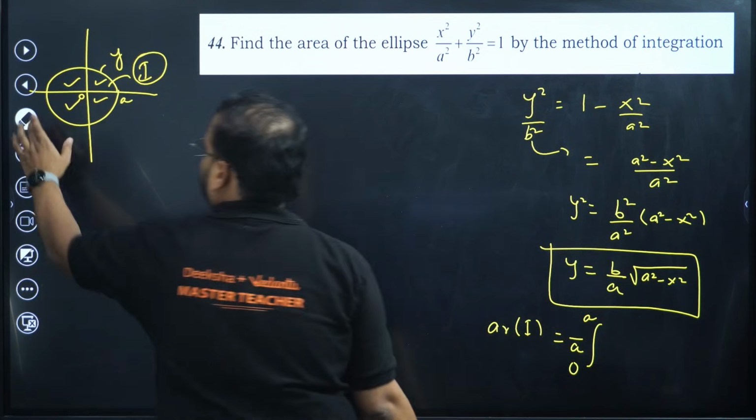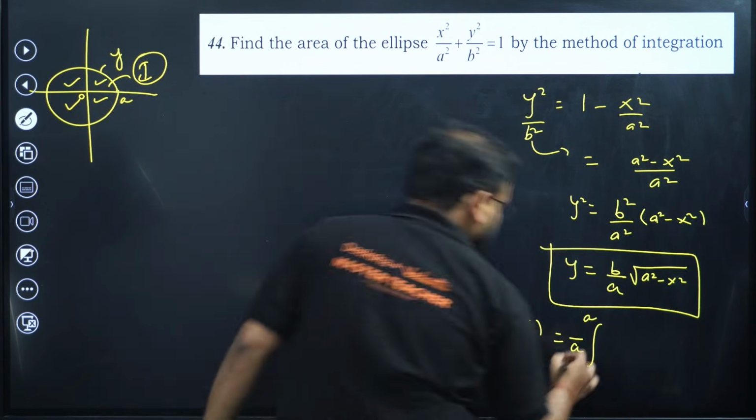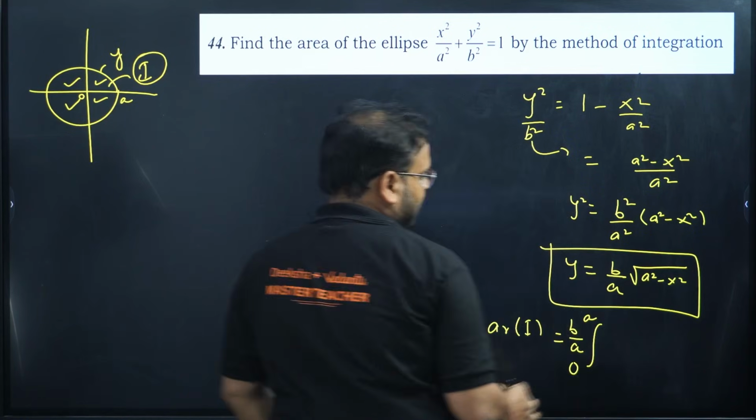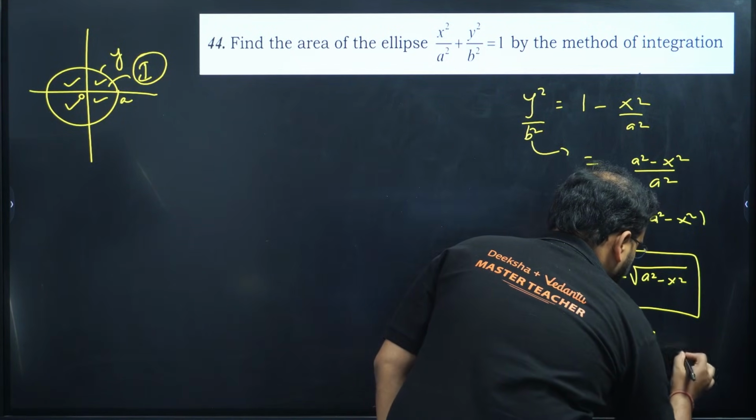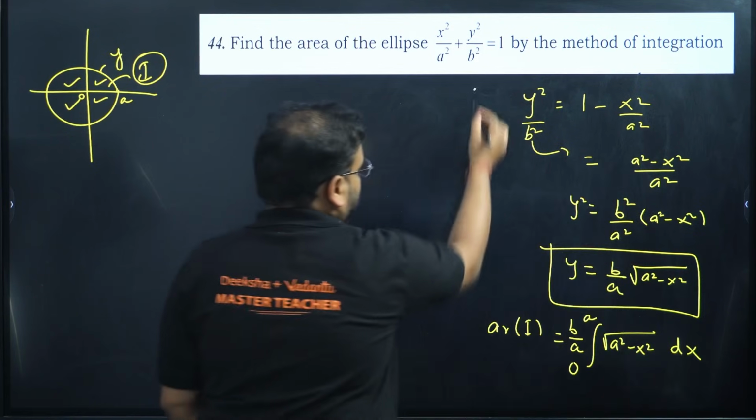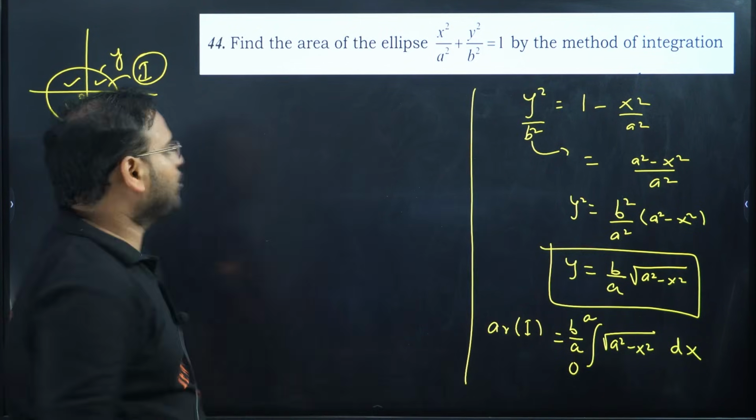Yeah, b by a will come outside, and you'll have the integration of root of a square minus x square dx. Particular function, we all know the answer for that.